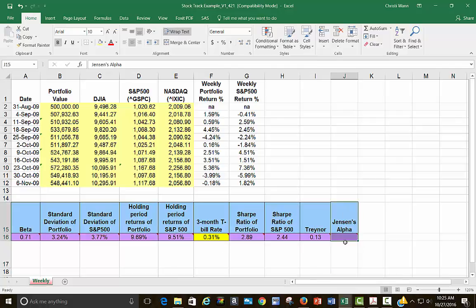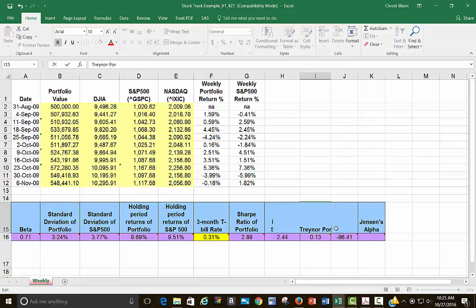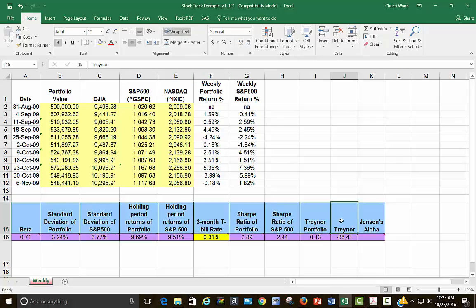And in case we had to calculate a Treynor for the S&P 500, let me just copy this. Let's say that was for the portfolio. And this is going to be for the S&P 500.